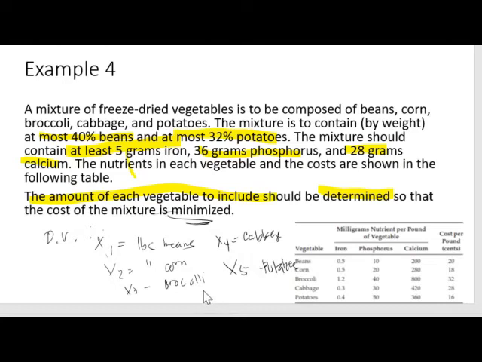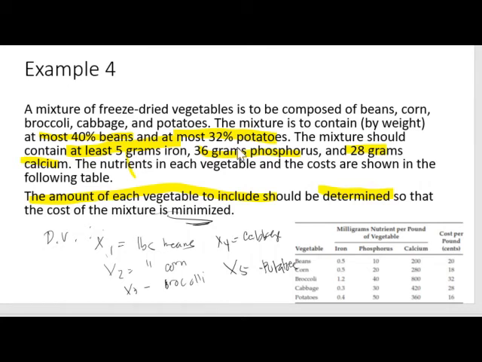Kailangan nating i-include si iron. Dapat daw ito ay at least 5 grams. Kaso, ang unit nito ay milligrams. Dapat pag pinag-add-add ko, at least 5 grams ang iron, at least 36 grams ang phosphorus, at at least 28 grams ang calcium.